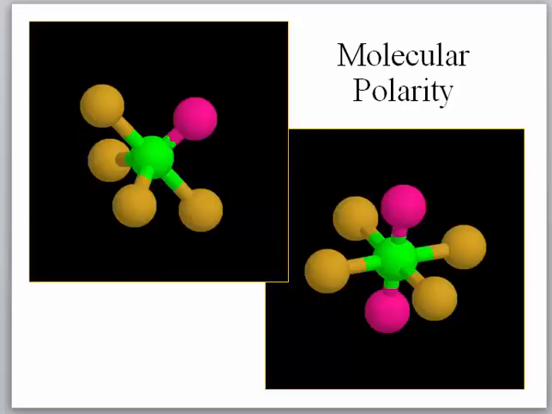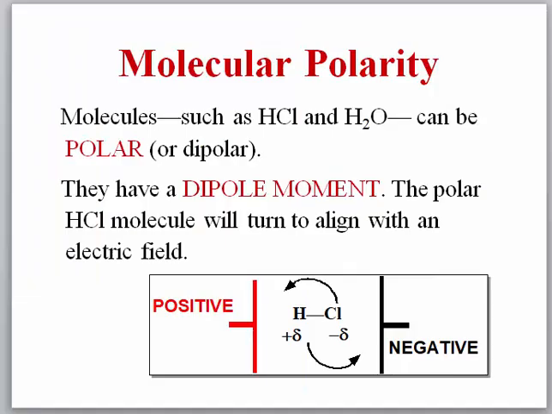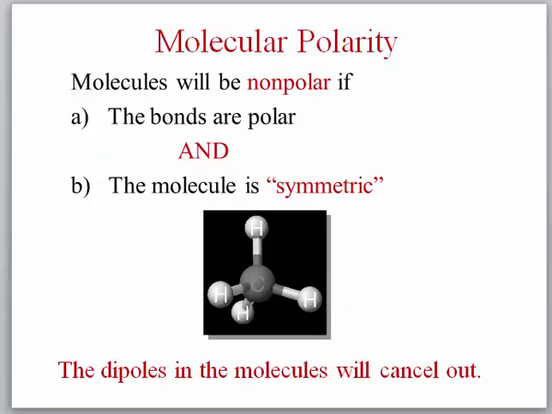Once you've determined your molecular shape, then you determine your molecular polarity, which is going to lead you to your intermolecular forces. So molecular polarity is determined by having a dipole moment in your molecule. So you're looking for an asymmetrical molecule that has lone pairs that don't cancel each other out.